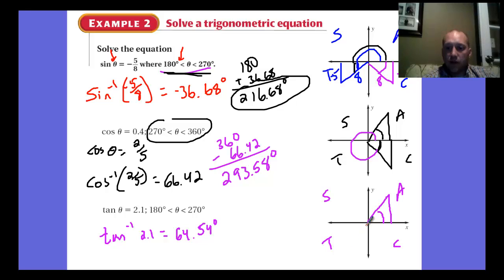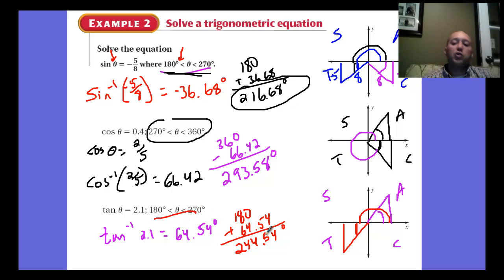It's also positive in the third quadrant. So we're going to have this triangle. So this angle here is also going to be 64.54. So it's going to be 180 plus the 64.54. And so we get 244.54 degrees is the theta value they're looking for.